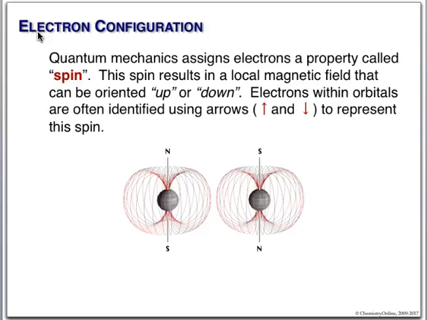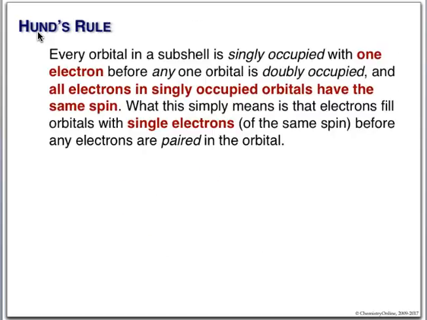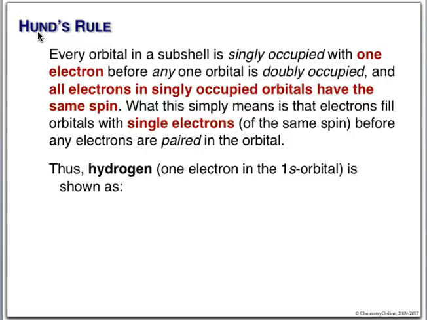Now this is important because there's something called Hund's rule. Hund's rule says that you put electrons into orbitals one at a time, all with the same spin, so all up or all down. Then you start to pair them within the orbitals.